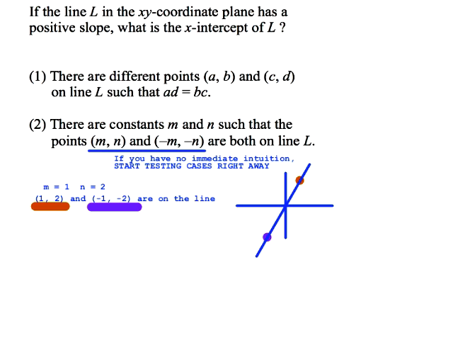It's going to go through 0, 0. I mean, if you try for negatives, it's going to switch the quadrants the points are in, but you're going to wind up with the same result. So that means that -5, 1, and +5, -1 are on the line.